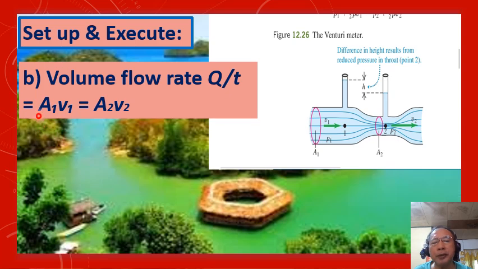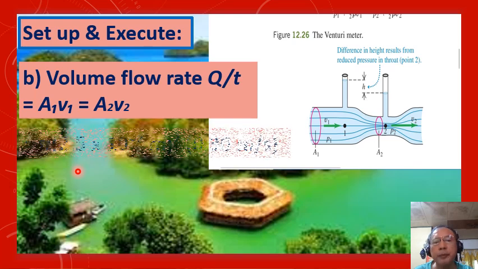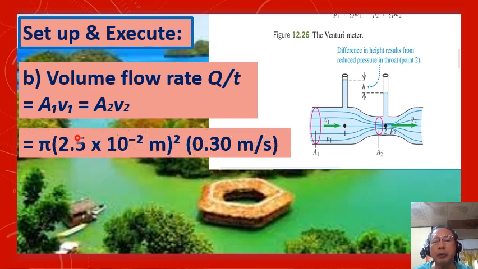We can use either A1 times V1 or A2 times V2. Using A1 times V1, the area of the wider cross-section is pi multiplied by the square of the radius R1, already expressed in meter, 2.5 times 10 to the negative 2 meters.